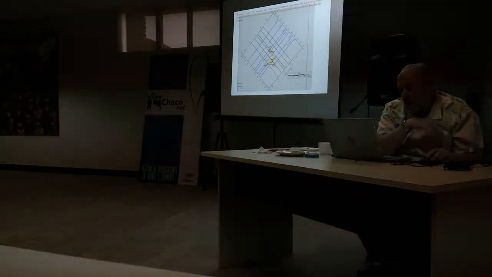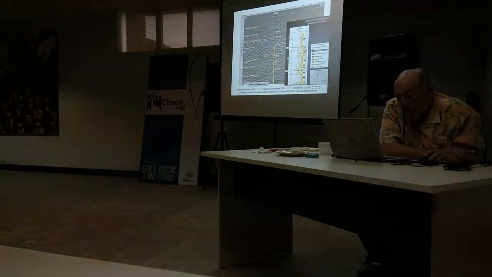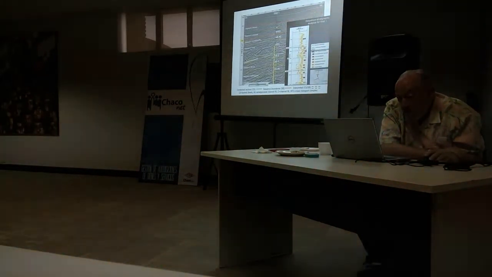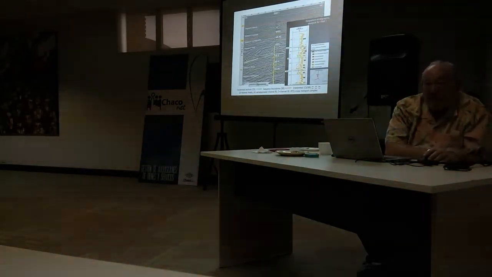And in this particular case I'm showing you, that's what was done. So now we're looking at our vertical axis in depth. 5,000 feet here, 2,500 feet, 10,000, 7,500, and so on.